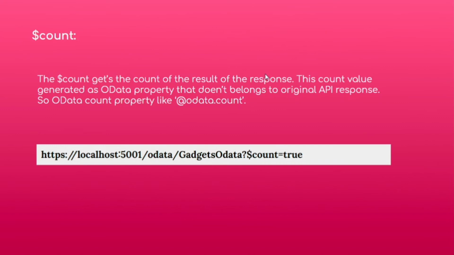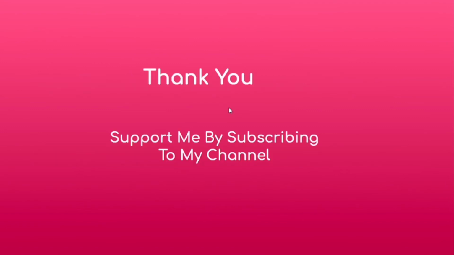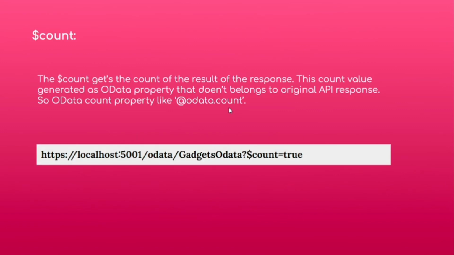The count value is generated as an OData property that doesn't belong to the original API response, like OData dot count. In general, in OData, there are a few OData properties like OData.context and OData.count, along with our API response. Those will be appended to the response.